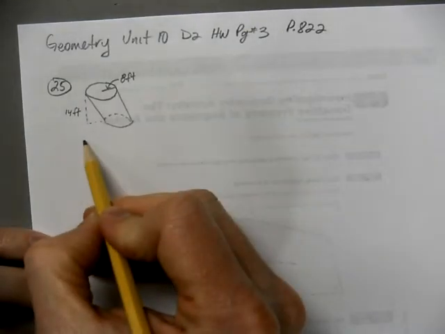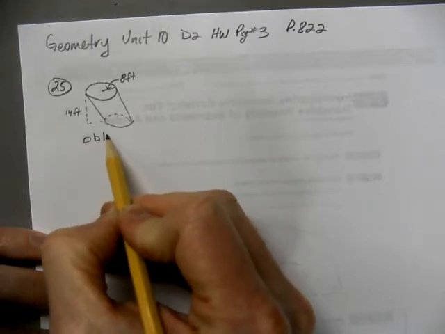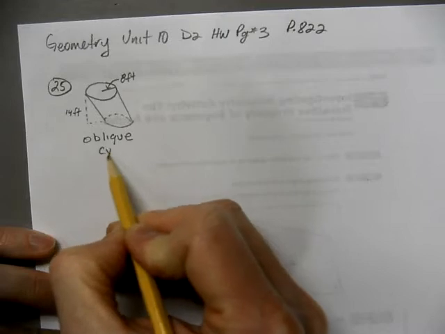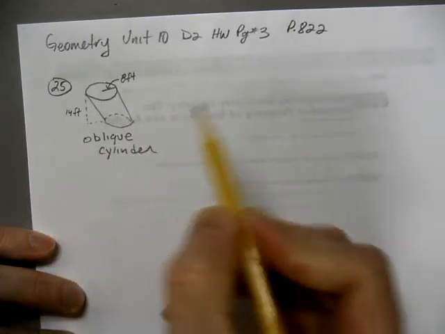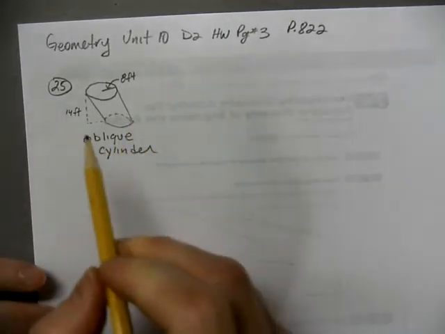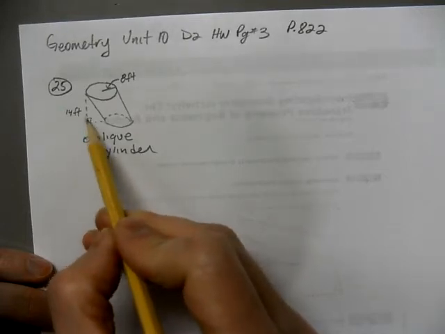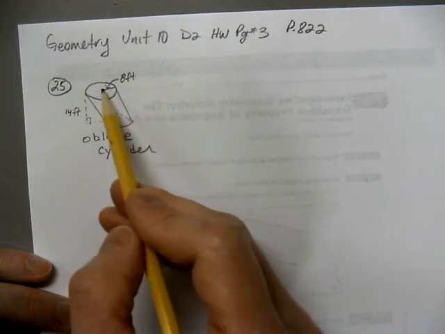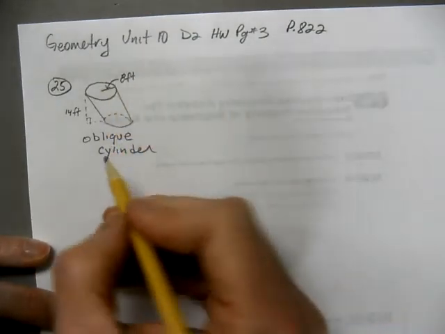Next, we're working with an oblique cylinder. This cylinder is slanted to the side. The height of this cylinder is 14. It's not this slanted side. The radius is 8.